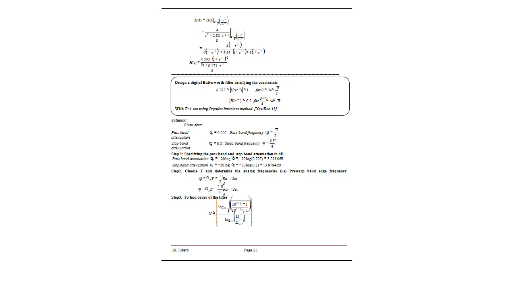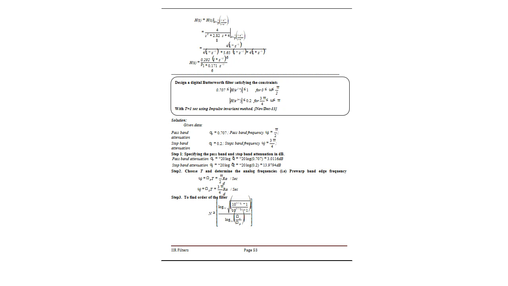Step 2: choose T and determine the analog frequencies. So ωp = Ωp T, that is π/2 radians per second, and ωs = Ωs T, that is 3π/4 radians per second.